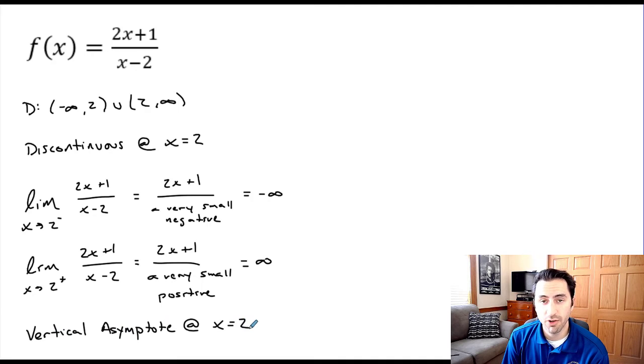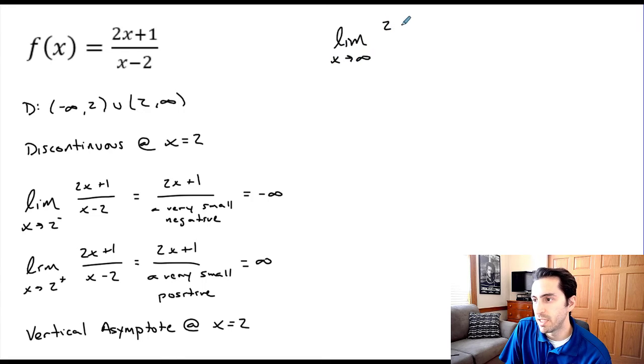All right, so that takes care of the first thing. The second thing, for our horizontal asymptotes, we want to test out our limits at positive and negative infinity. So let's start with the limit as we approach positive infinity of 2x plus 1 over x minus 2. So we talked about a couple different methods we can use to try this out. One of those was just looking at our leading terms.